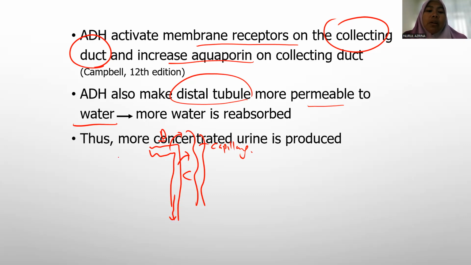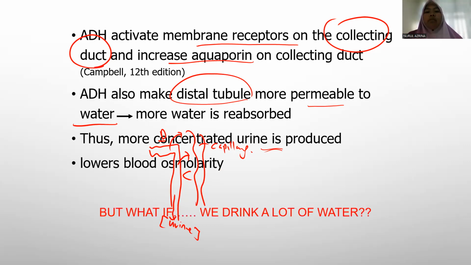It will produce concentrated urine as more water is reabsorbed. So urine becomes concentrated, and thus the blood osmolarity will reduce and go back to the set point.